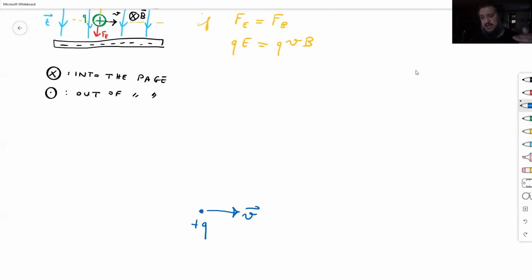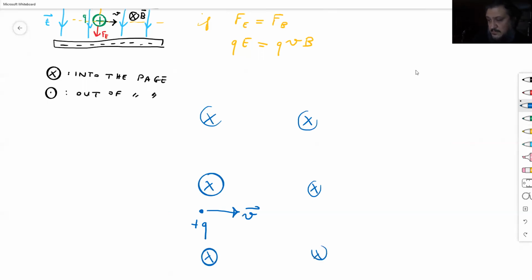And it's going to enter a region where we have magnetic fields. So magnetic field is, let's say, into the page like this. These crosses or cross in a circle means magnetic field is pointing into the page. This is B. So according to right-hand rule again, V cross B is up. At that instant, it will experience a force this way.